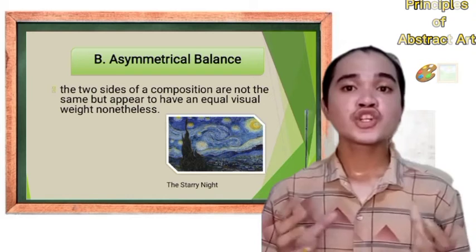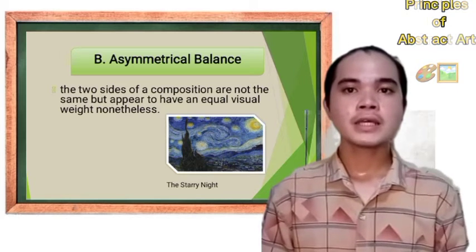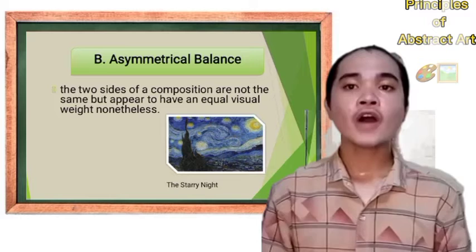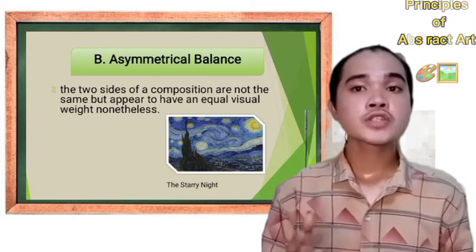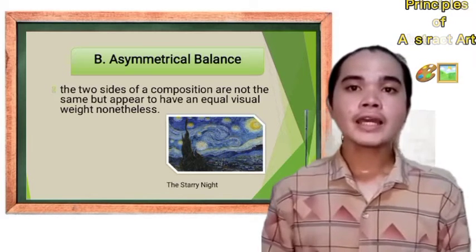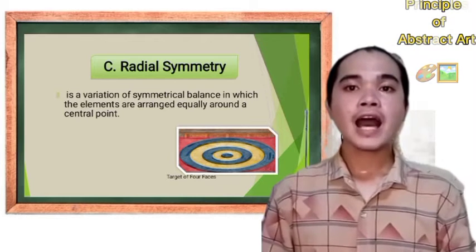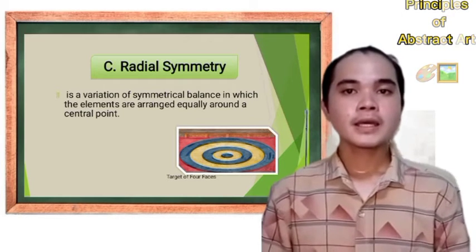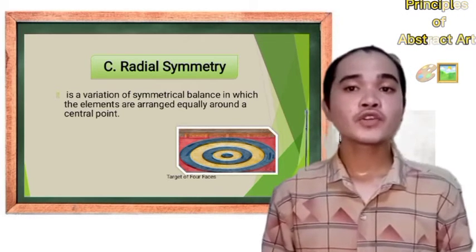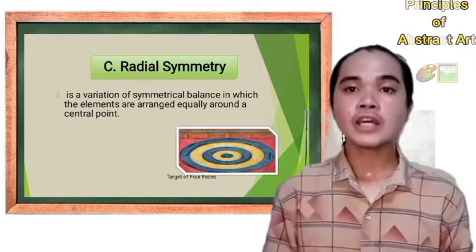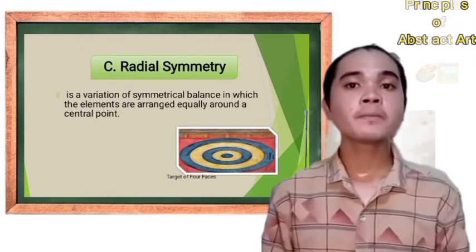The dark triangular shape of the trees visually anchoring the left side of the painting is counterbalanced by the yellow circle of the moon in the upper right corner. Then lastly, we have radial symmetry. It's a variation of symmetrical balance in which the elements are arranged equally around a central point.